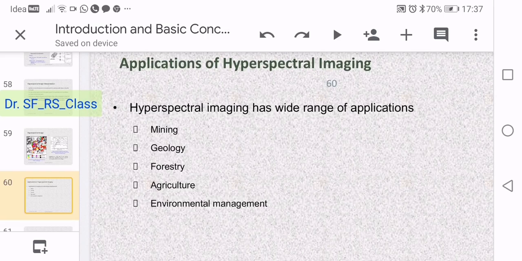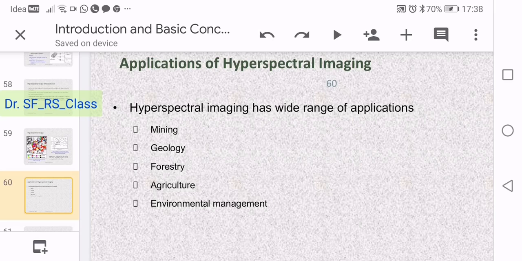A lot of mining activities will be based on hyperspectral images, and different characteristics of minerals, rocks and other things can be identified. Geologically, as we have told earlier, rock types, rock structures, groundwater aspects and different weathering processes can be identified. A lot of application areas are there.